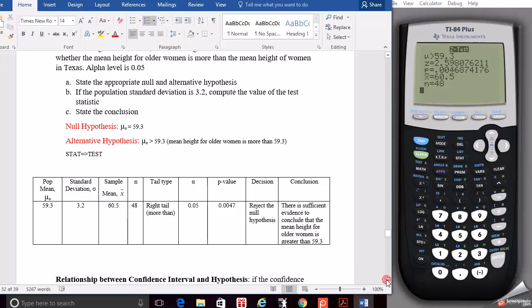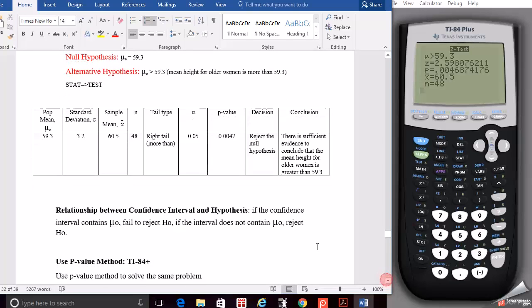Talking about the relationship between the confidence interval and the hypothesis test: if your null value is contained in the interval, then we'll fail to reject the null hypothesis. If your null mean is outside of the confidence interval, then you're going to reject the null hypothesis.